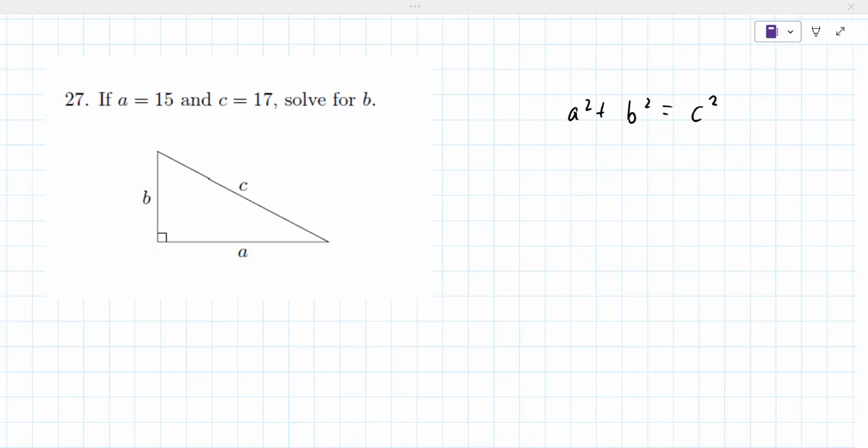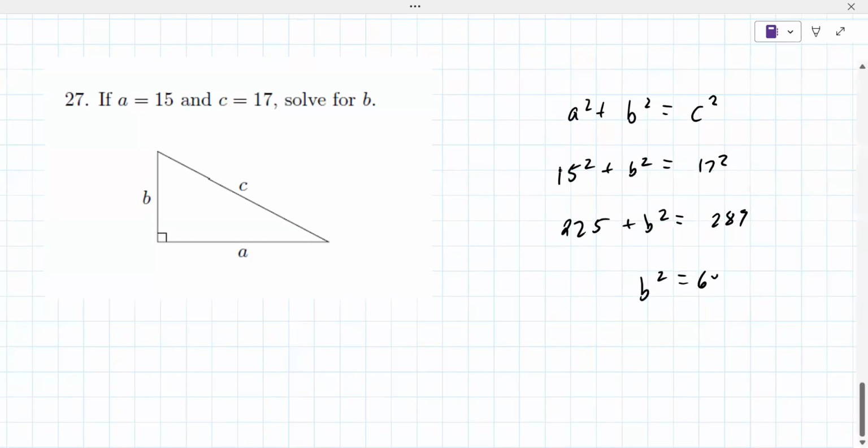Does B equal 8? Yes, very good. Yay. 15 squared plus B squared equals 17 squared. 225 plus B squared equals 289. B squared equals 64, so B equals 8. Very good. Okay, so those are the two main types of problems you will see.